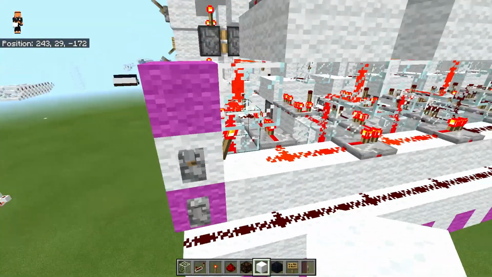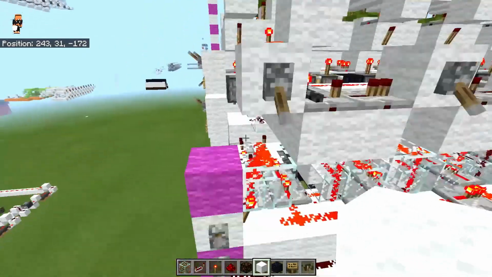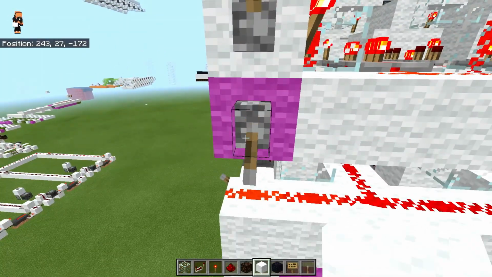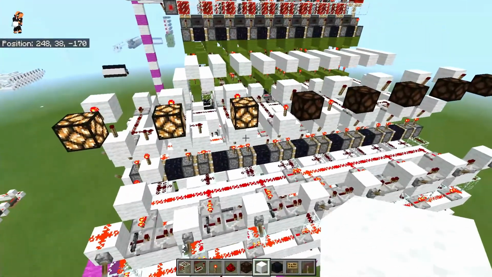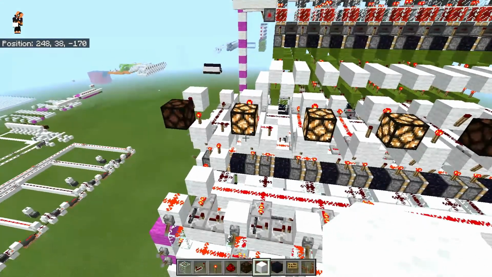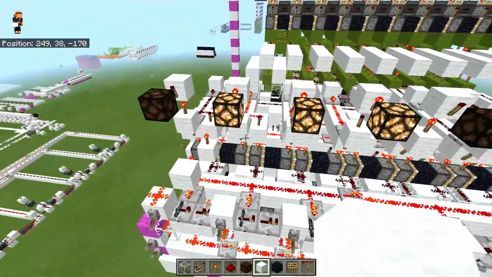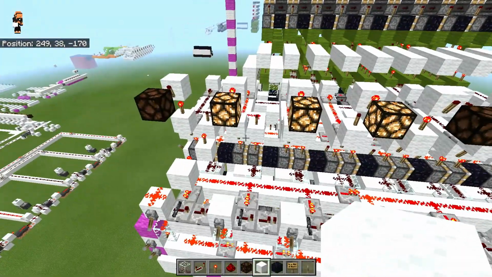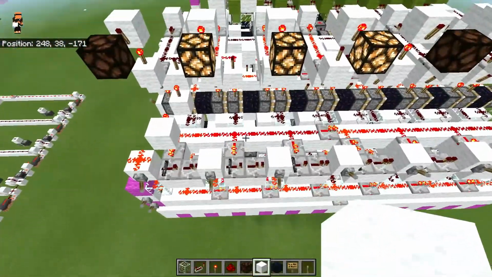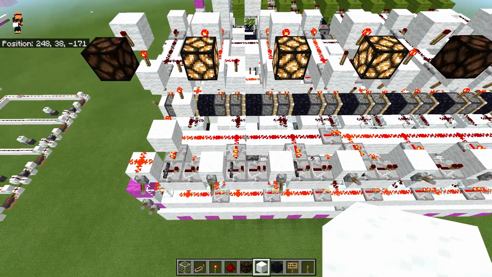Input it, register A. Okay, straight output, register B. And this is 7 plus 7, so it should be 14. So this is 8 plus 4 plus 2. 8 plus 4 is 12, plus 2 is 14. So there you go. We now have our final output.